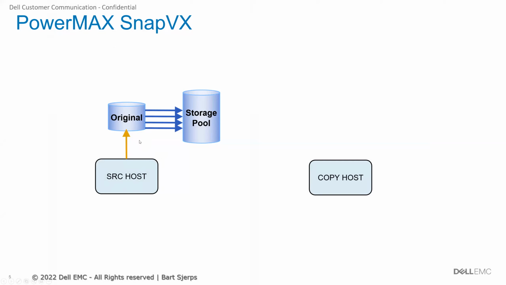Typically, you have a set of LUNs that takes its storage from a storage pool, like one large pool of disk capacity. It's all virtual provisioned, so the original data uses pointers to chunks of storage that are allocated. At some point, I'm going to make a snapshot. The only thing I have to do is copy that metadata in memory, like where my actual blocks are on disk.